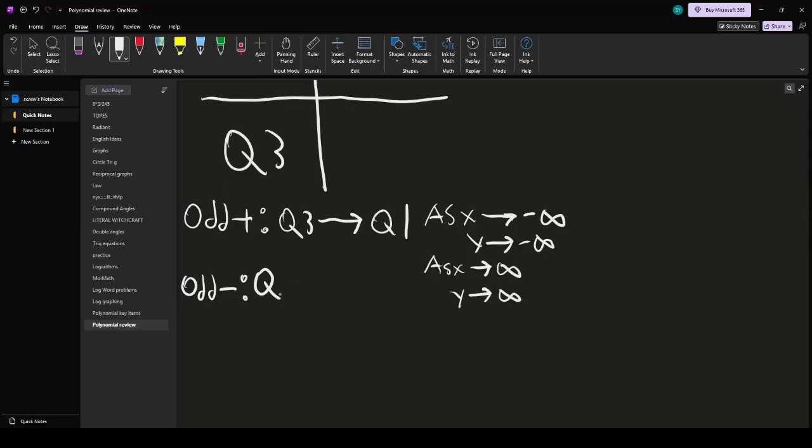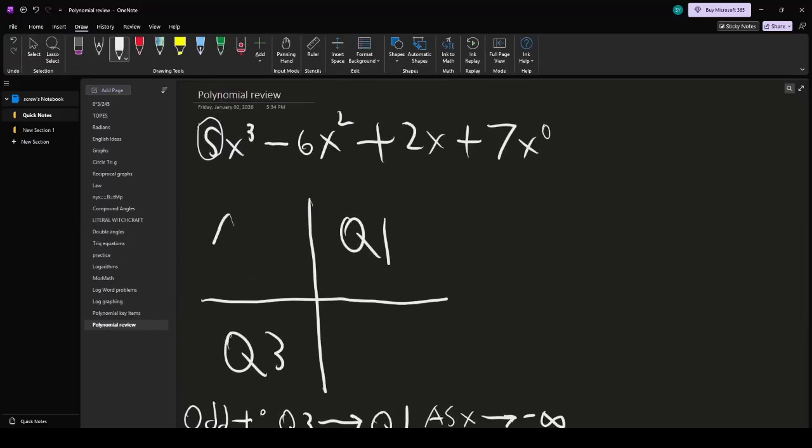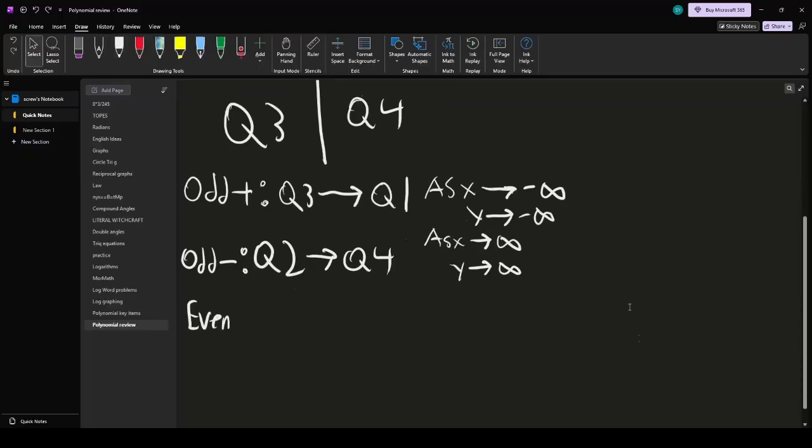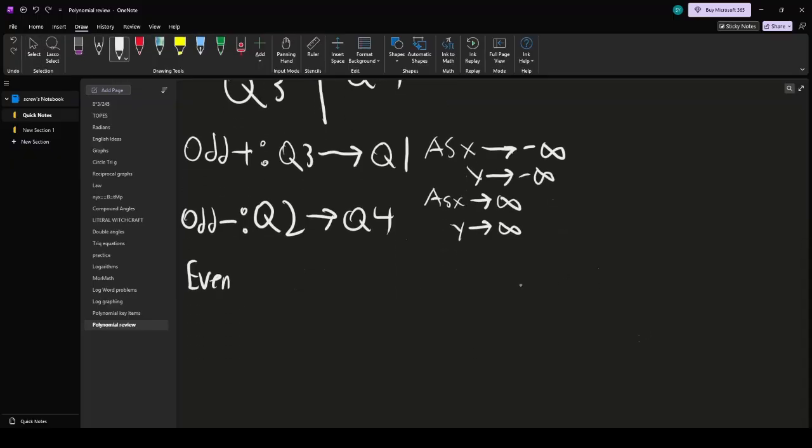So now the end behaviors of that function go from Q2 to Q4. For an even degree function, the simplest being x squared, right?